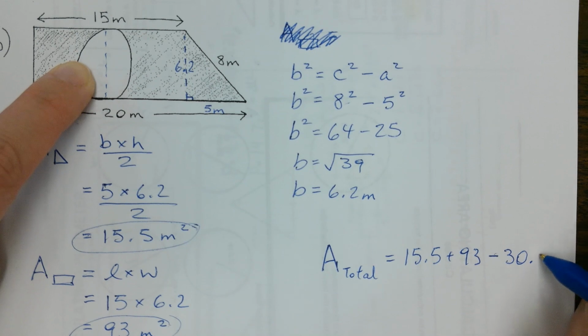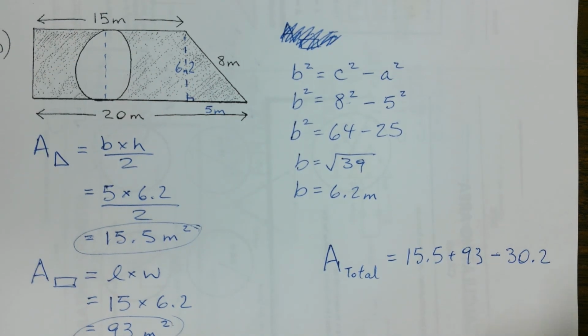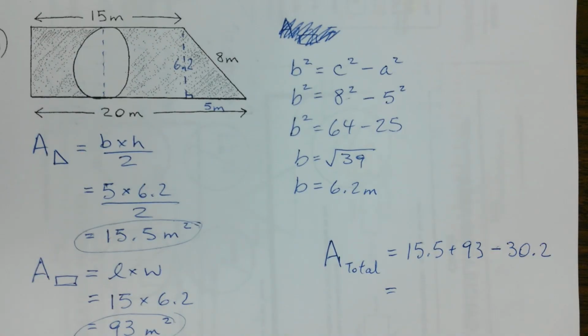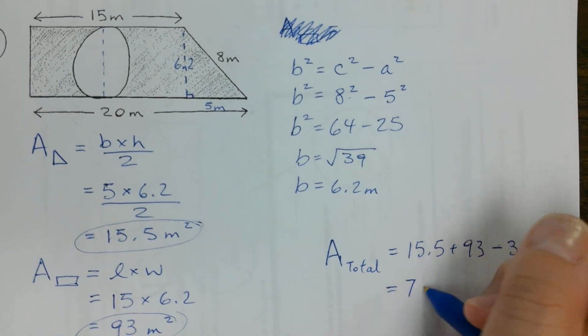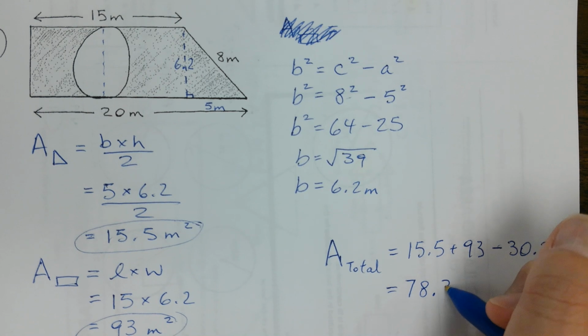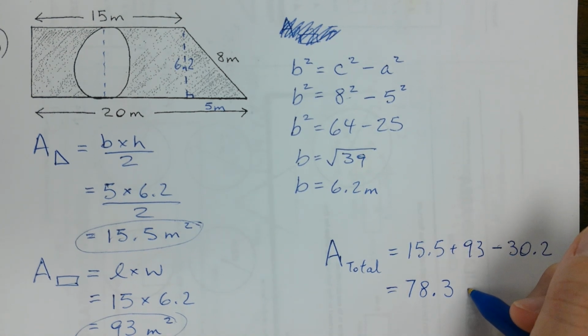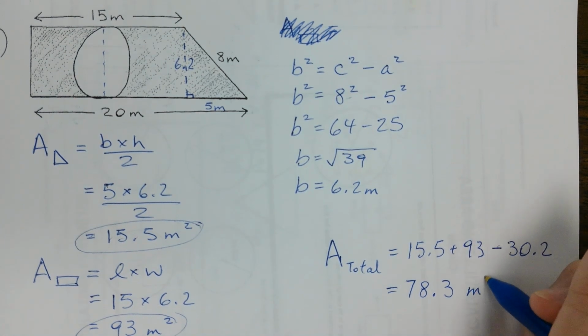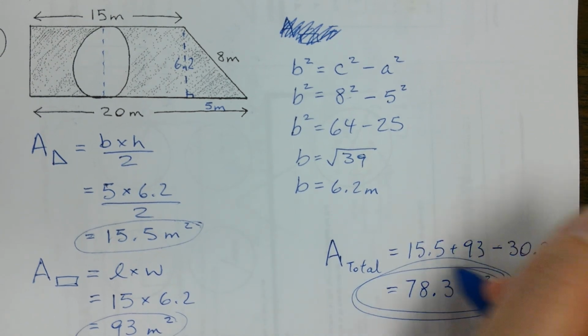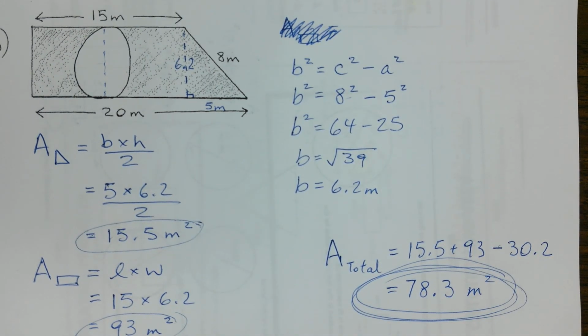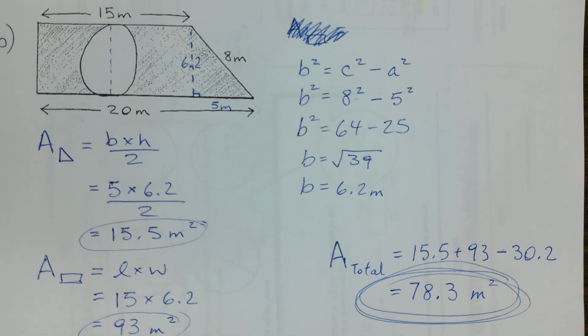Because it's not shaded in. 15.5 plus 93, take away 30.2, I get the total shaded area, 78.3, and my unit? Meter square. Perfect. How many of you got 78.3 as your final answer?